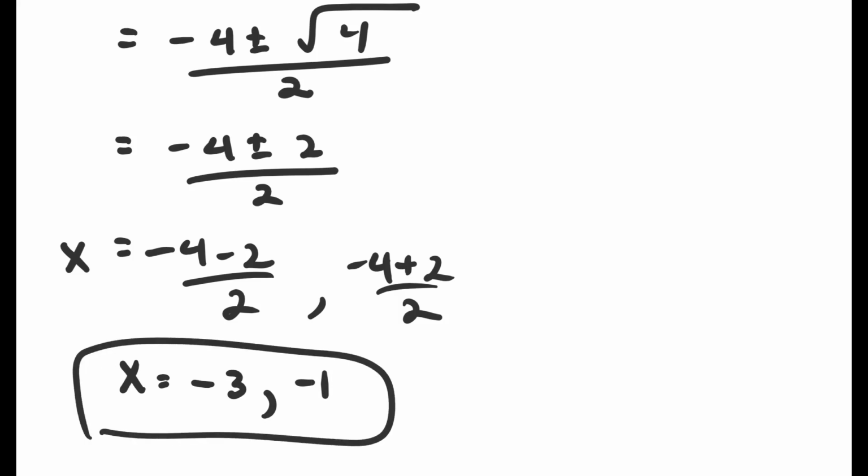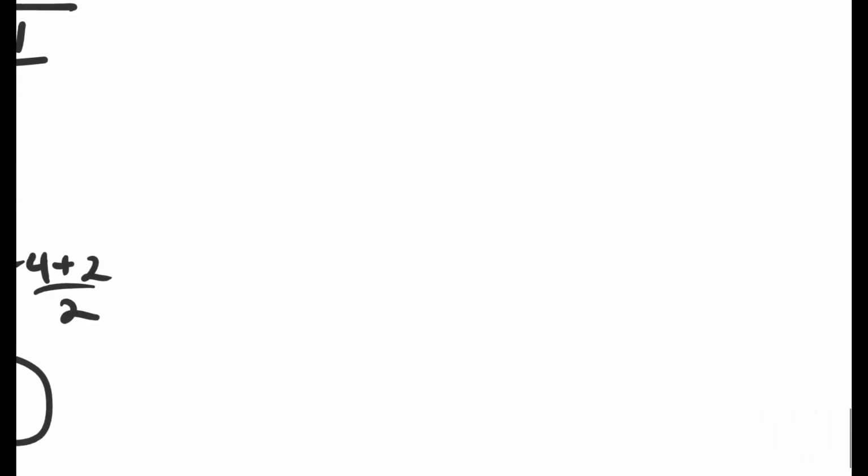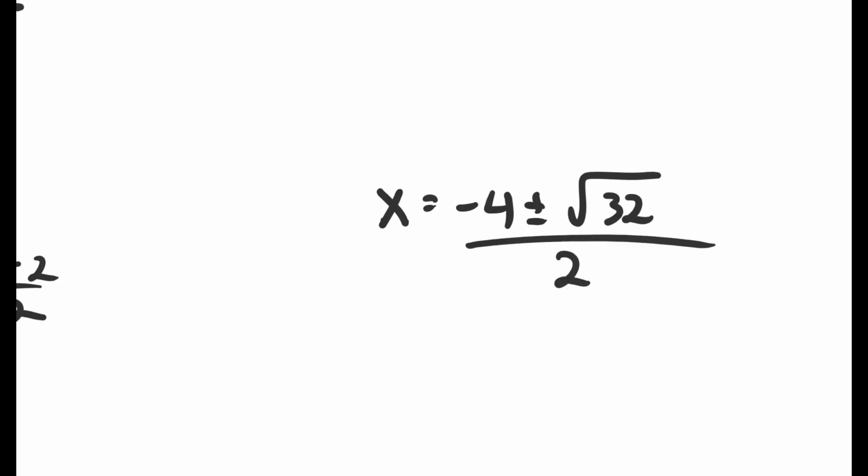Now, what happens if you get something that looks like this, and you're getting your final answer, and you get something like negative 4 plus or minus the square root of, let's say, 32 all over 2? You still have to give this in simplest form. So what is simplest form?